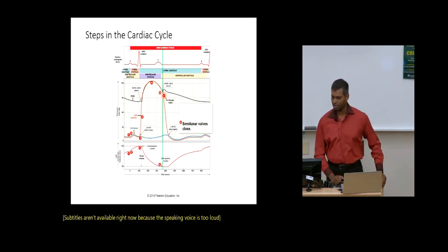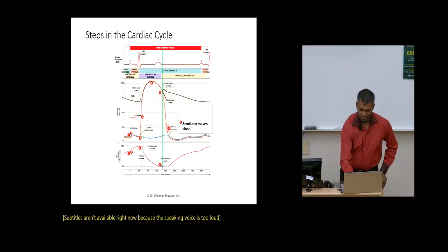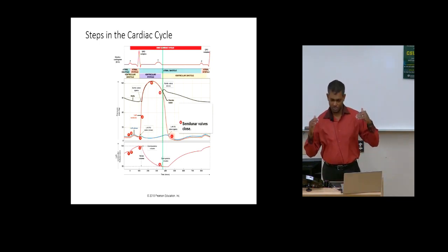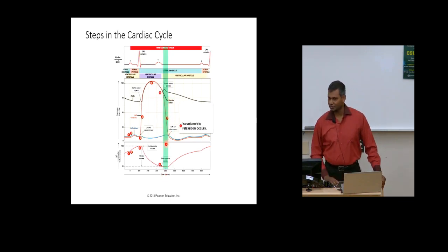When it drops below the aortic pressure, the aortic valve will close, and also because the ventricular pressure is higher than the atrial pressure, the AV valve is also closed. So both valves are closed, there is no change in volume at this point, and that will lead to the isovolumic relaxation of the ventricles.